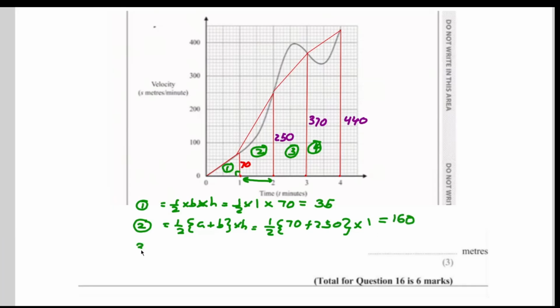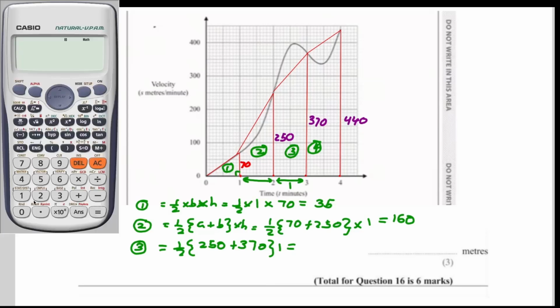Now figure 3, it is the same formula because it is also a trapezium. A is 250, b is 370. Again, height is 1.